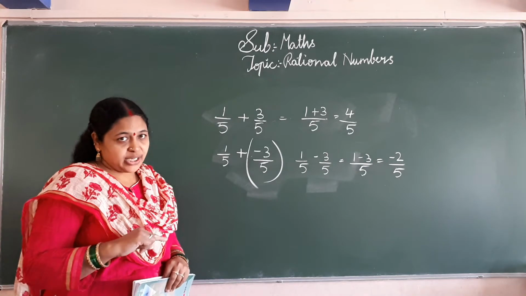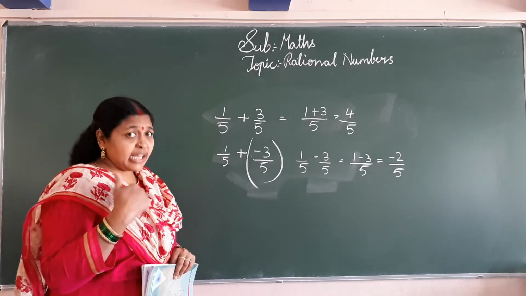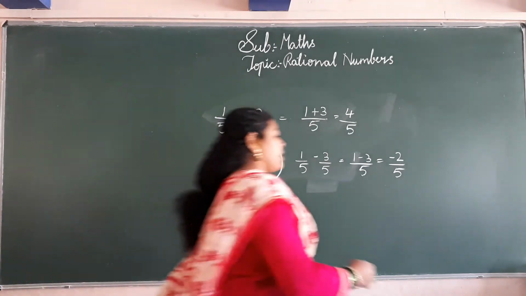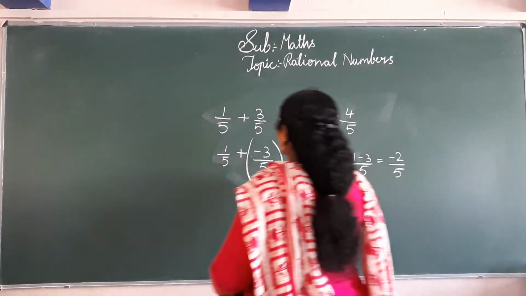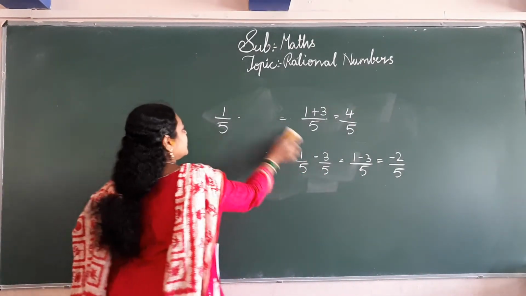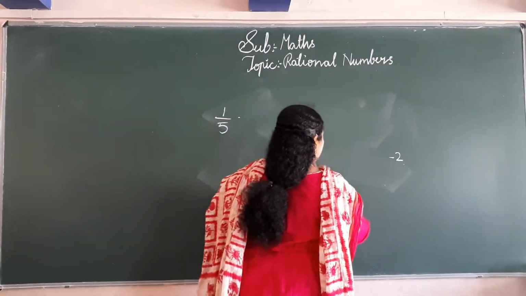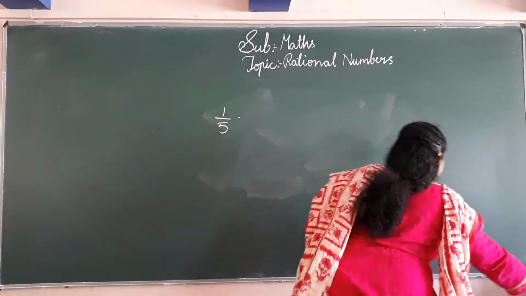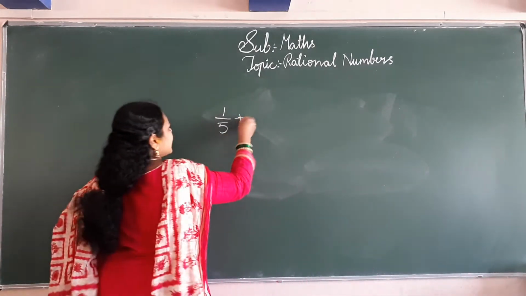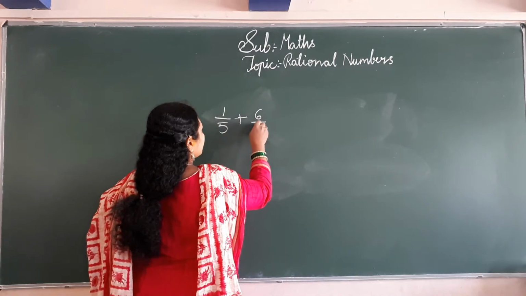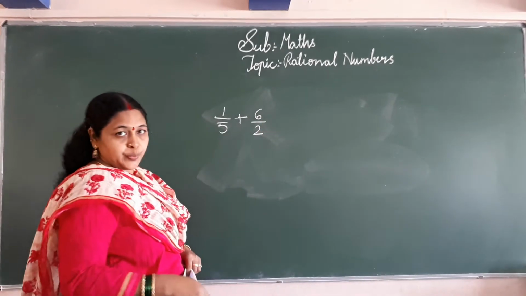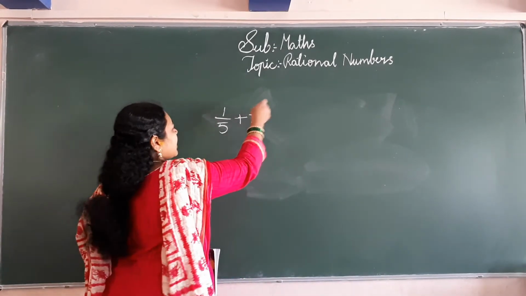Now that was for like fractions. If we have unlike fractions, again we will use the method of unlike fractions. Let us take 1 by 5 plus minus 6 by 2.